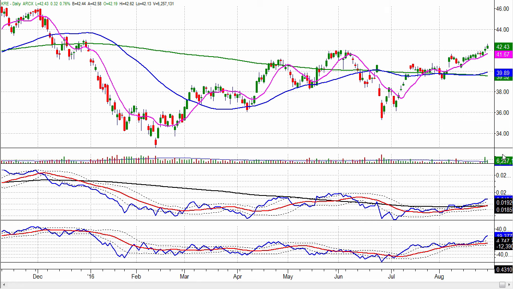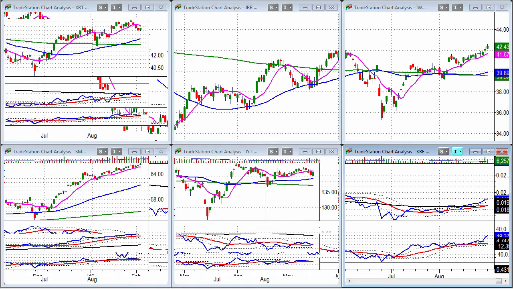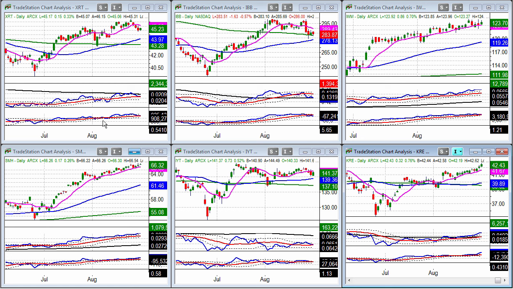All right, so if I summarize all that, we've got an XRT that's kind of neutral on the triple play and negative on the 10-day. IBB is negative on triple play, IWM positive on triple play, SMH positive on triple play, IYT neutral on triple play, modestly kind of heavy on the 10-day, and KRE positive on the triple play.